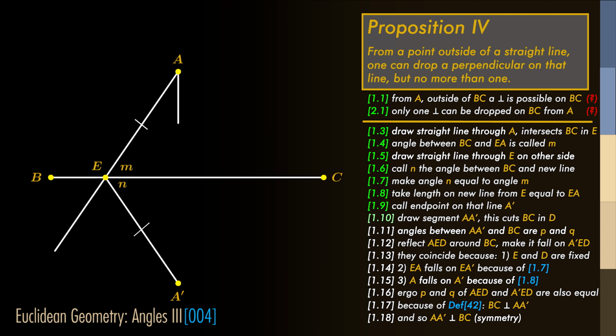Now draw the segment AA prime. It cuts BC in D and makes with BC the angles P and Q.